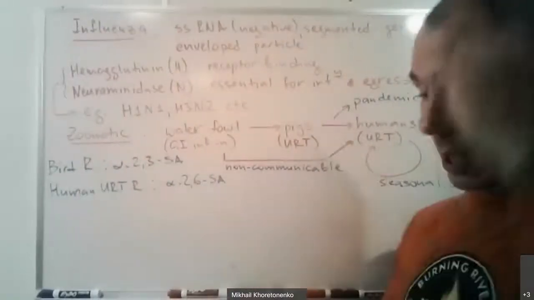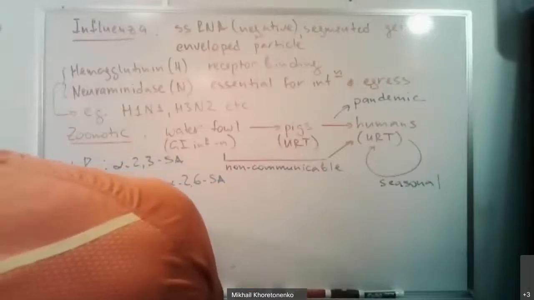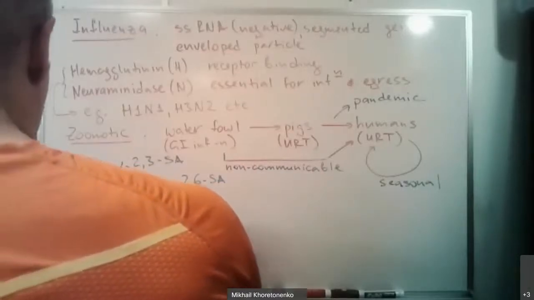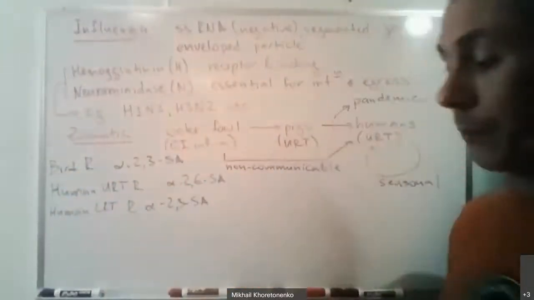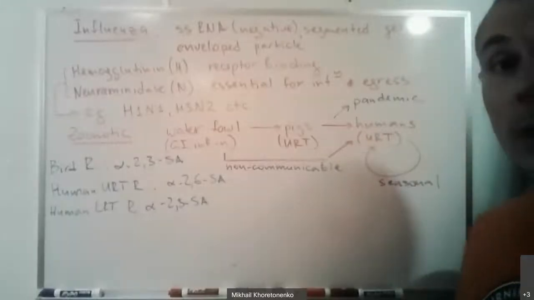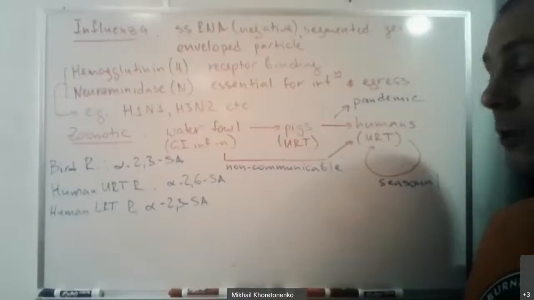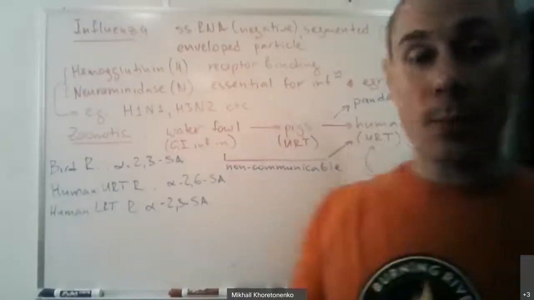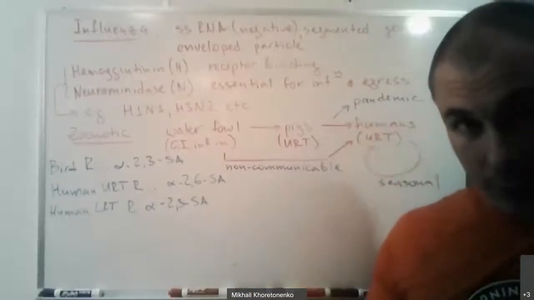Birds in the digestive system have alpha-2,3, and humans have alpha-2,6. Are we clear? But in the human lower respiratory tract, the receptor that we have there is also alpha-2,3 sialic acid. So if you are exposed to bird flu, it cannot infect traditionally your upper respiratory tract like usual human flu does.